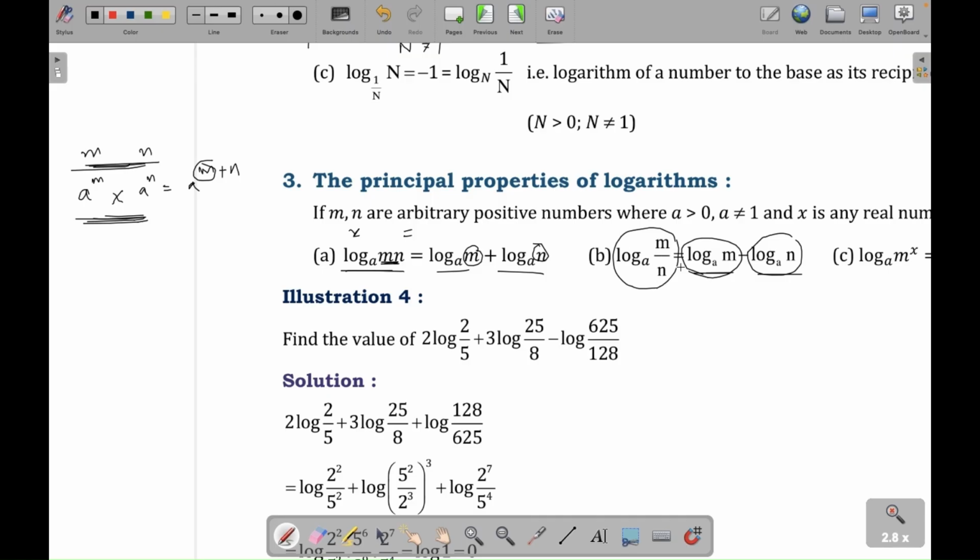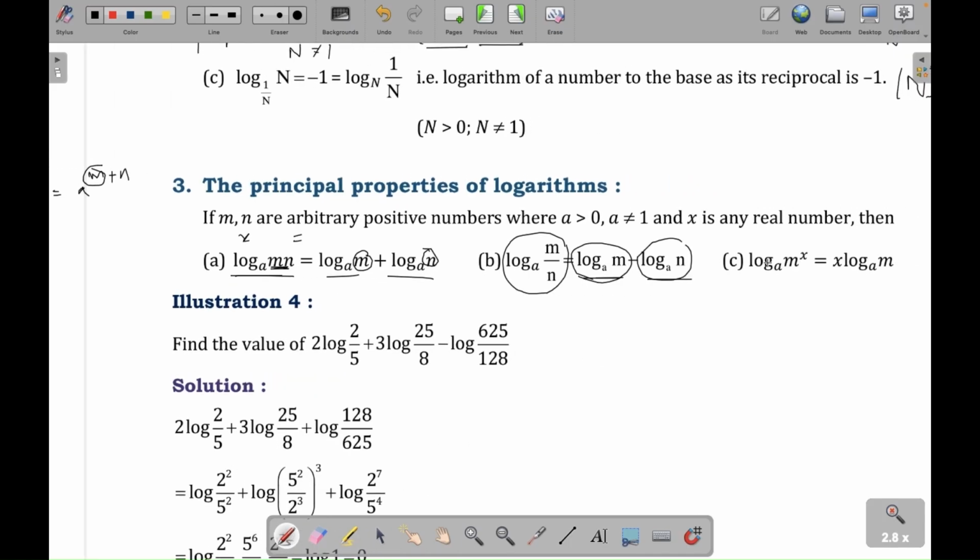Similarly, when we divide two numbers and then check the power of the division, we have to subtract the powers, right? And this we have already seen.